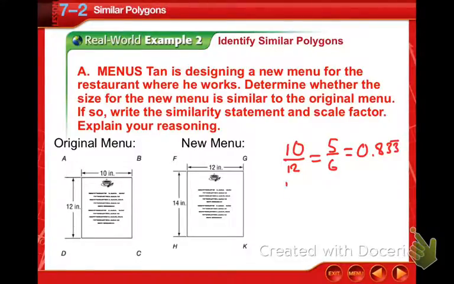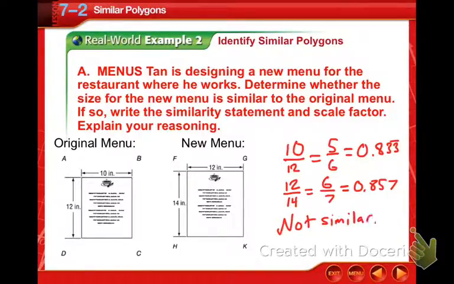We've got 12 for the original, and 14 for the new one. 12 over 14 simplifies to 6/7, which is 0.857. So they're not the same, so not similar, because those two numbers are not the same. If they were the same exact number, we'd be good and they would be proportional.